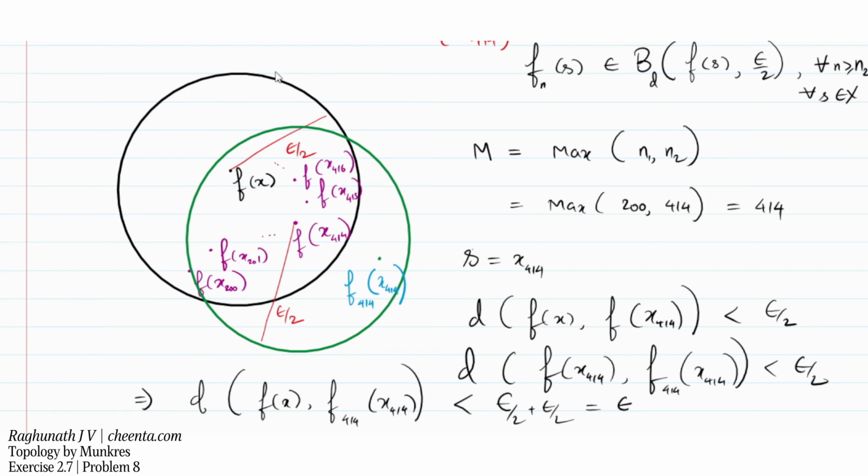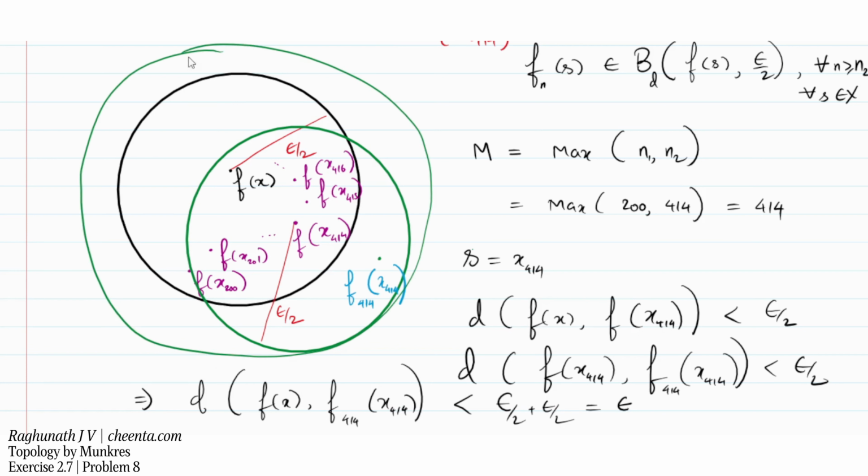So in the entire epsilon ball, this point f414 of x414 is present. And now I claim that fn of xn belongs to the open ball of f of x with radius epsilon for all n greater than or equal to capital M.